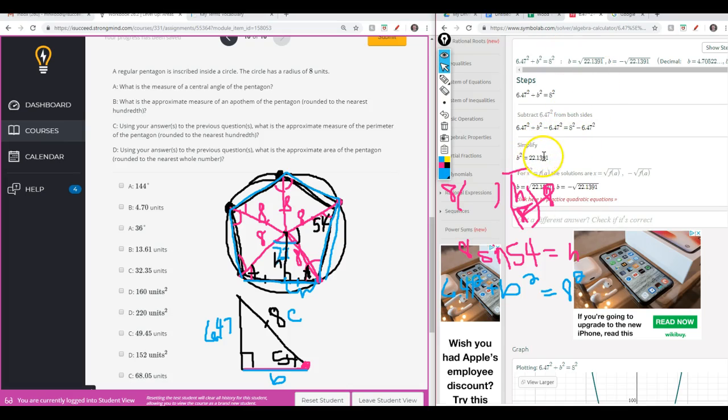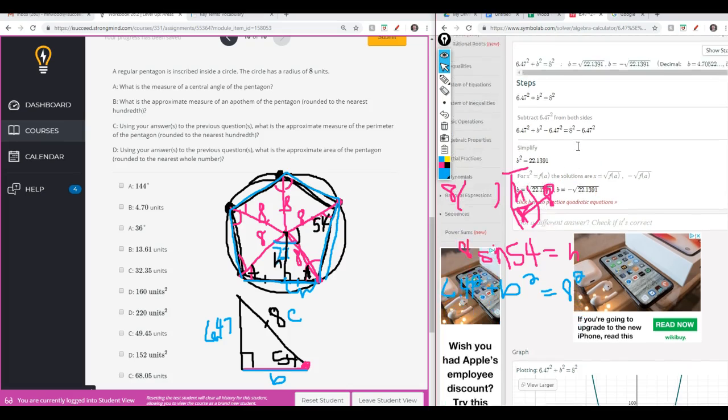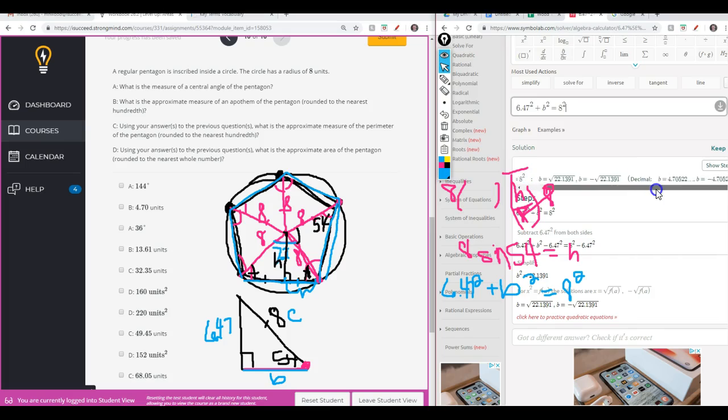They got 22.139, and then because that's being squared, we would square root 22.139, so we have the positive and the negative of that square root. Since we're dealing with a length, we want the positive version, and that decimal is 4.7, and it wants it rounded to the nearest hundredth.